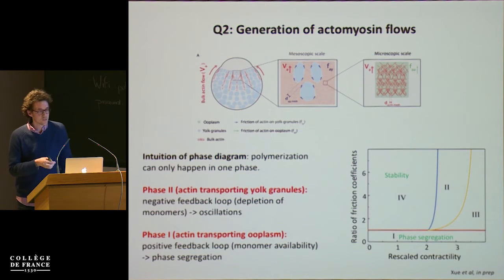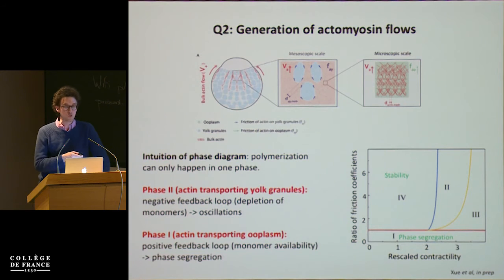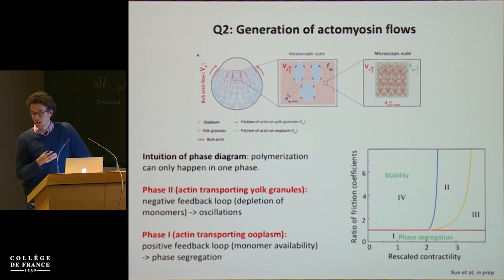You can actually be a bit more systematic, so that's the parameters of the model. In principle, you could be more systematic because you might think that the granules are attached to actin actively through some active linkers, and therefore that it might be in some other settings the granules which are transported by the motors, and you get some interesting phase diagram, where the only two key parameters are the rescaled contractility and the ratio of the friction coefficients.